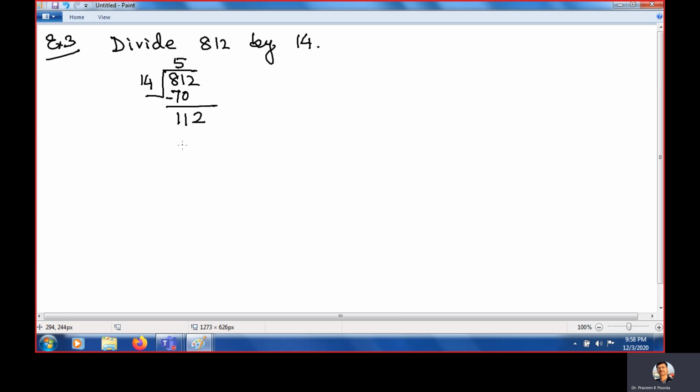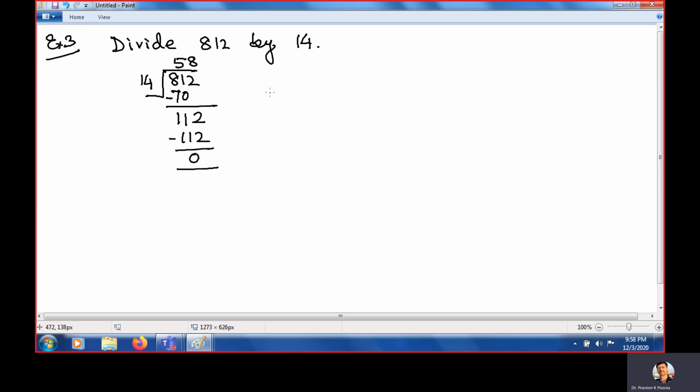Then 112. 112 means, oh, there is no remainder here. So if you subtract, it is 0. It is by chance we are getting it.